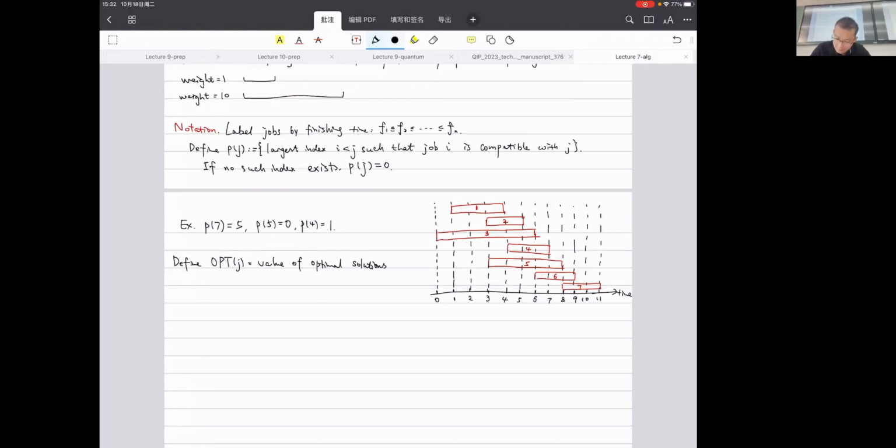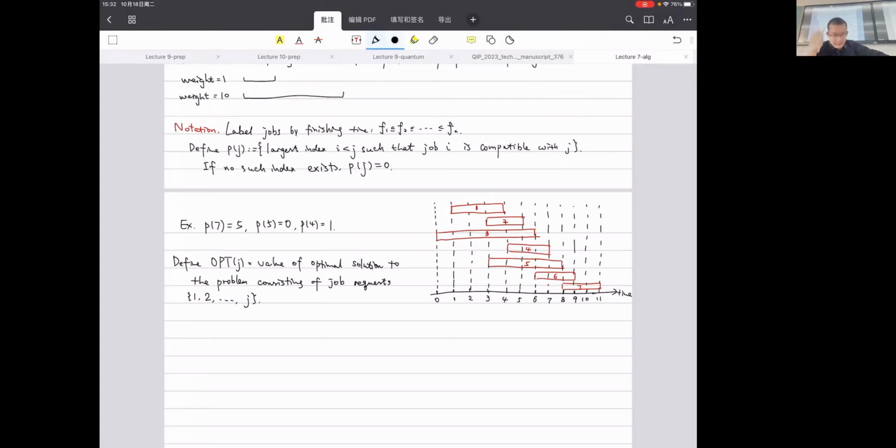The optimal solution to the problem consisting of job requests from 1 to j. The parameter we are going to use depends on the jobs.